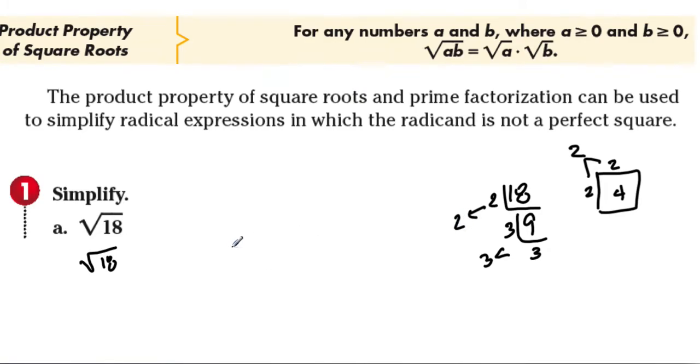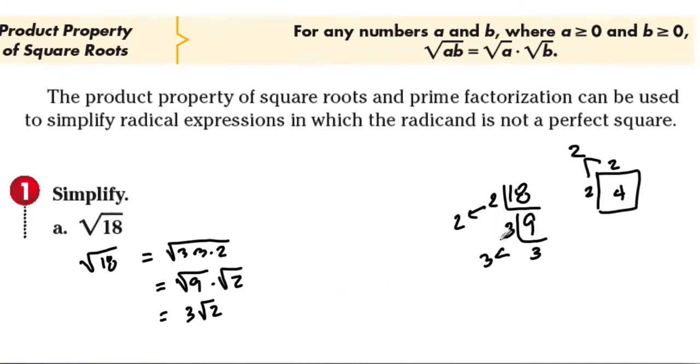So the prime factorization of 18 would be 3 times 3 times 2, or with a radical, 3 times 3, or 9, times radical 2, which is the same as 3 radical 2.